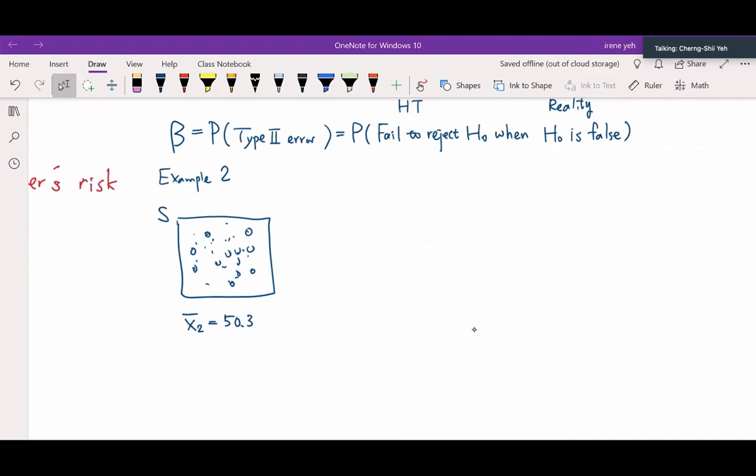Put together the same hypothesis testing. Mu is exactly 50. Mu does not equal 50. Same hypothesis testing, different situation. Parameters are the same. Population standard deviation was 2.5. Sample size is 10.